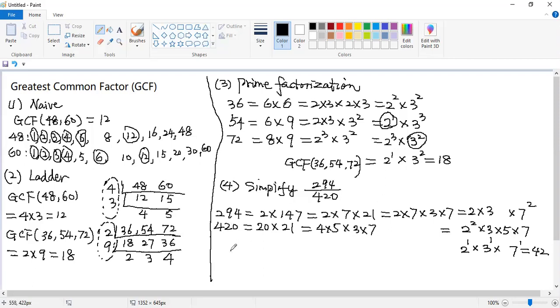So 294 over 420 equals 294 divided by 42, and 420 divided by 42. The bottom equals 10. The top equals 7. So the given fraction equals 7/10.